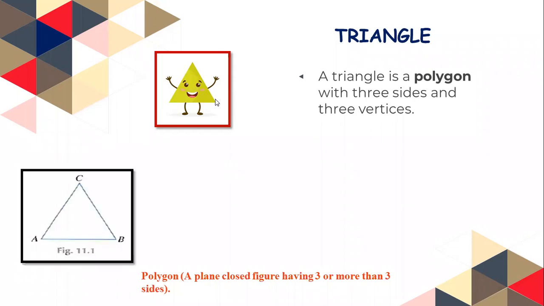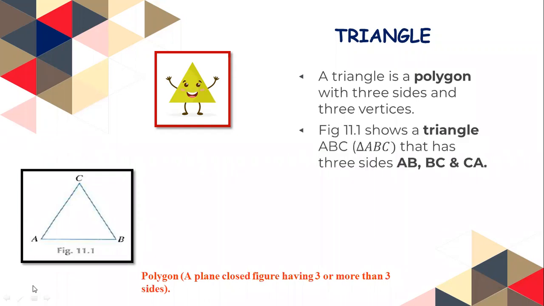Here is the original figure of a triangle taken from this book, New Syllabus Mathematics, book 1 or D1. Figure 11.1 shows a triangle ABC, because the name of the triangle here is ABC.